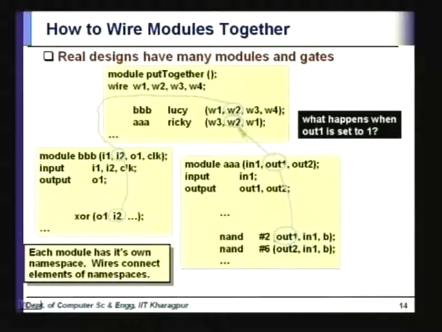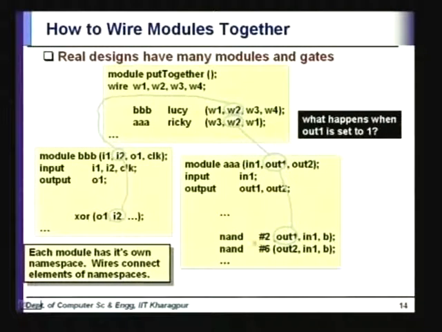When this changes, this W2 will change and also this W2 will change, because this one is driving both of them. So, this W2 is then seen as an input change in module BBB, and that is going to change the input of this XOR gate and may actually change O1 also.